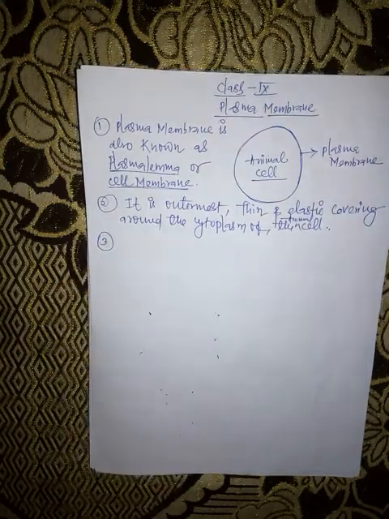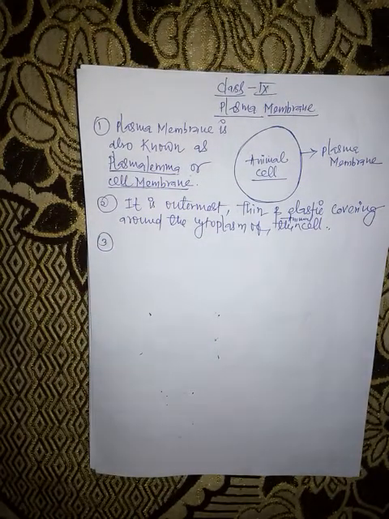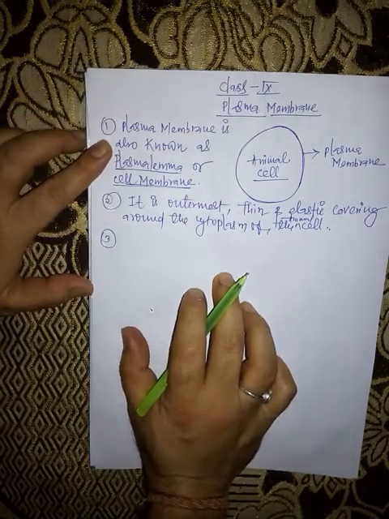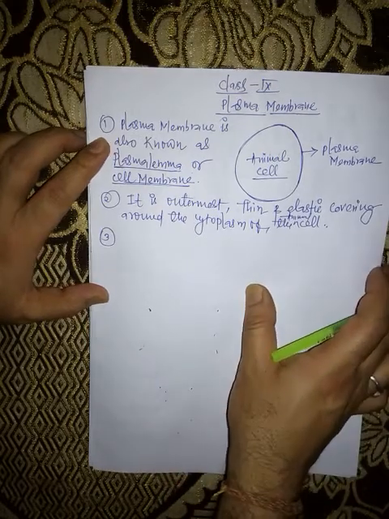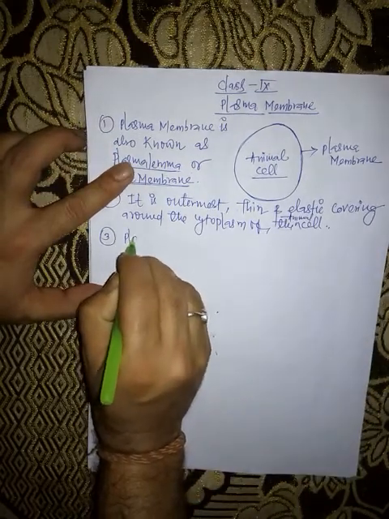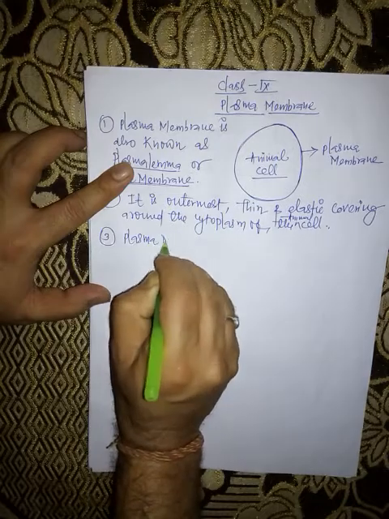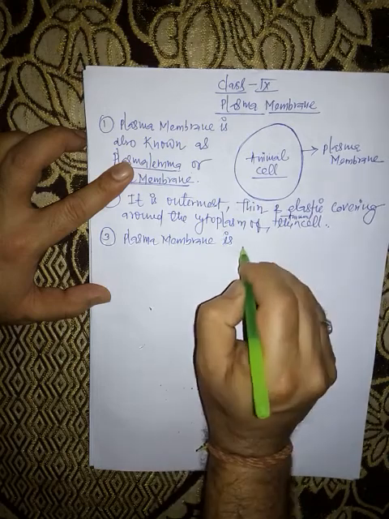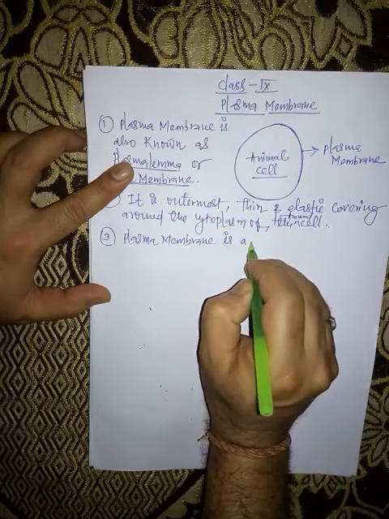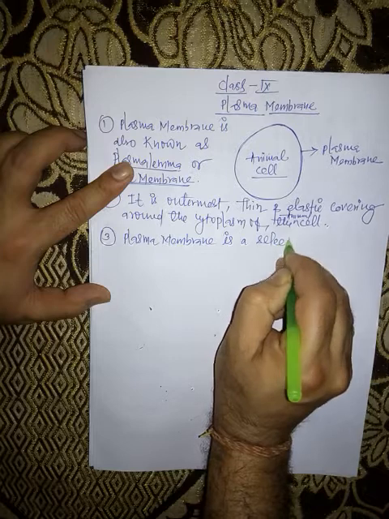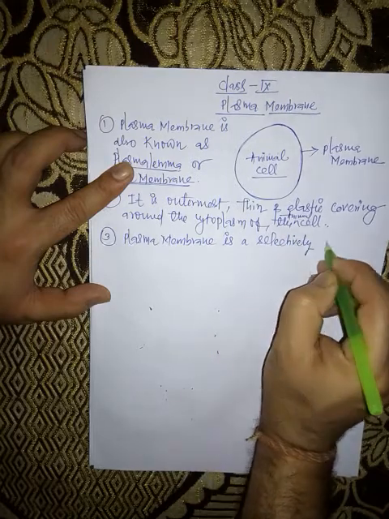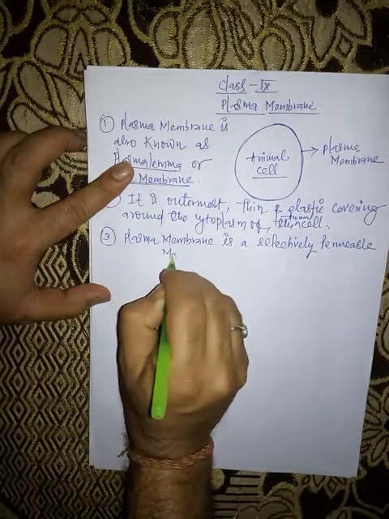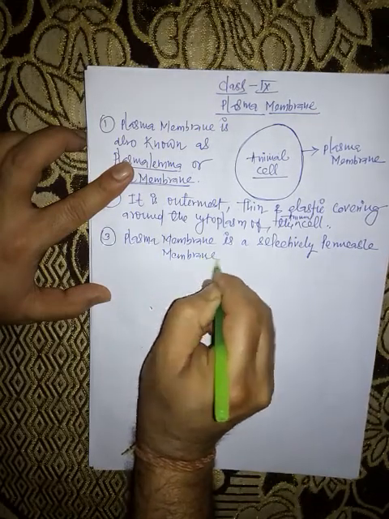Next point, plasma membrane is a selectively permeable membrane.